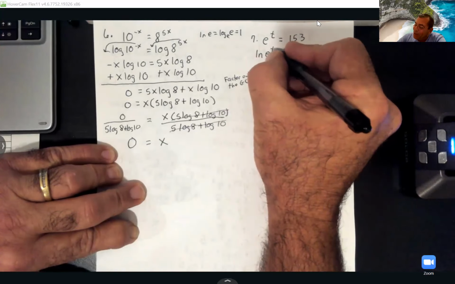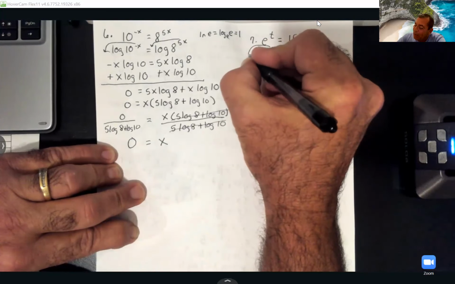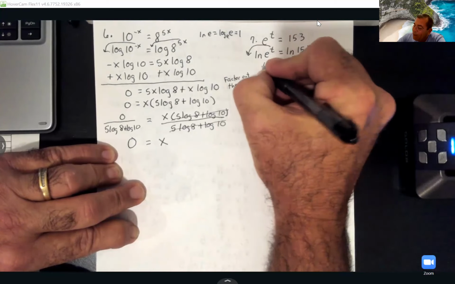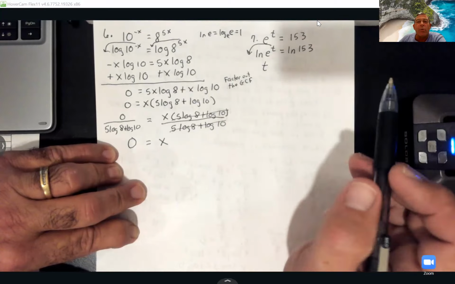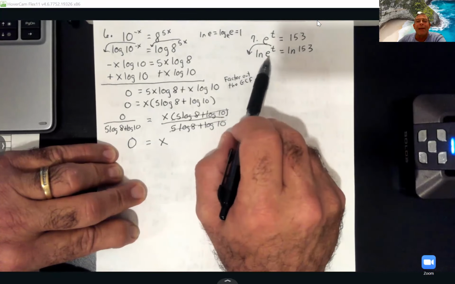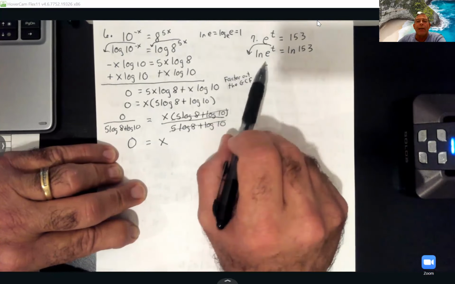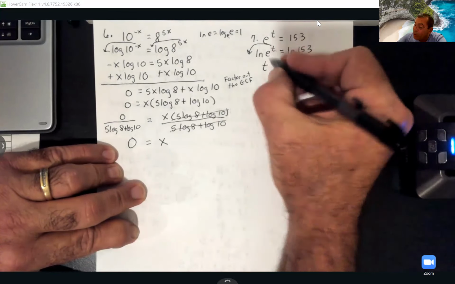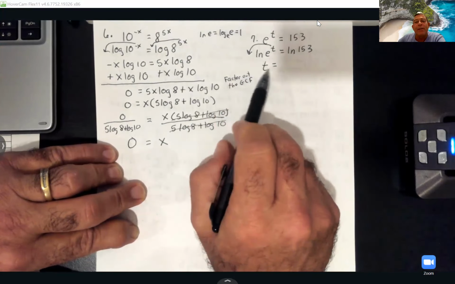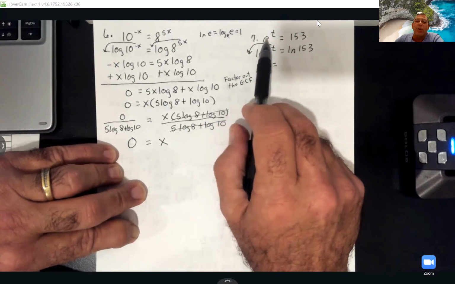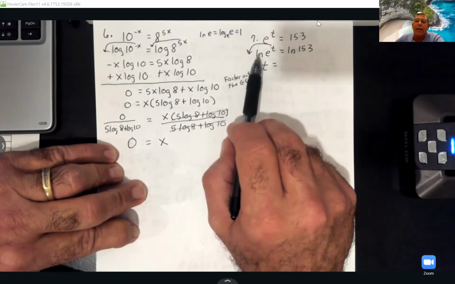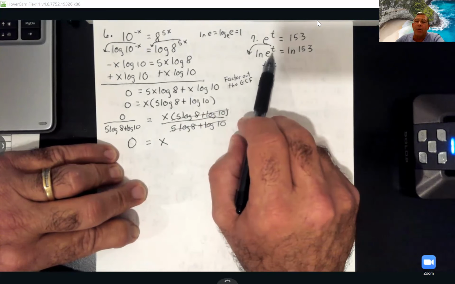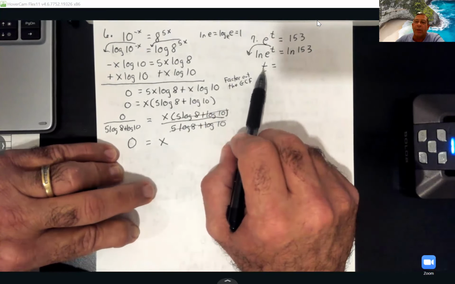So watch this. You bring that t down using the power rule. That's t brought down, but what's ln of e equal? 1. And t times 1 is just going to give you the t. So when you got e raised to an exponent, and you take an ln of that, in the long run, it equals the exponent.